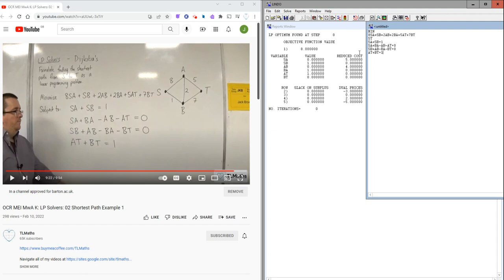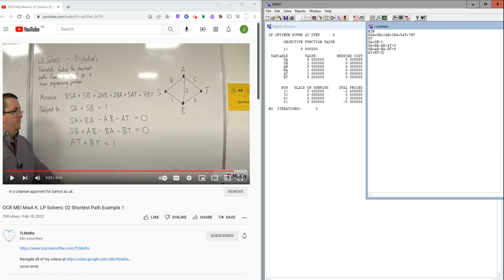Now, the other bit here is the reduced cost. What that means is that if I increased these values by 1, so if I increased SA by 1, it would reduce my optimal solution by 5. In this case, because we are minimizing and we've got 8, that doesn't mean I'm reducing 8 by 5 to get to 3.